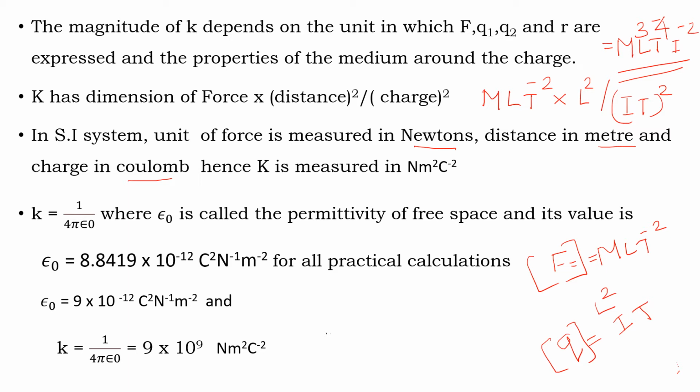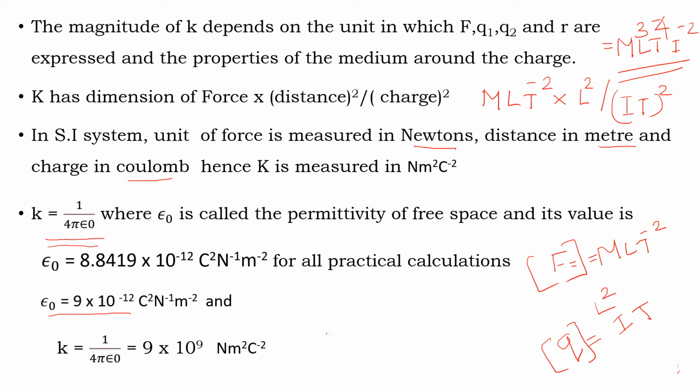If the charges are placed in free space or in vacuum, then K is equal to 1 by 4 pi epsilon 0, where epsilon 0 is called the permittivity of free space. Its value is epsilon 0 equal to 8.8419 into 10 raised to minus 12 Coulomb square Newton raised to minus 1 meter raised to minus 2. Practically, the value of epsilon 0 is taken as 9 into 10 raised to minus 12 Coulomb square Newton raised to minus 1 meter raised to minus 2.